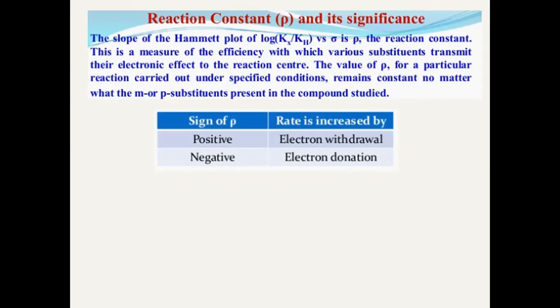Okay, sigma के opposite है ये. Very simple. आपको दोनों में से क्या करना है, either you memorize sigma or you memorize rho. If rho is positive, it means electron withdrawing group will increase the rate. And if it is negative, then electron donating will increase the rate.